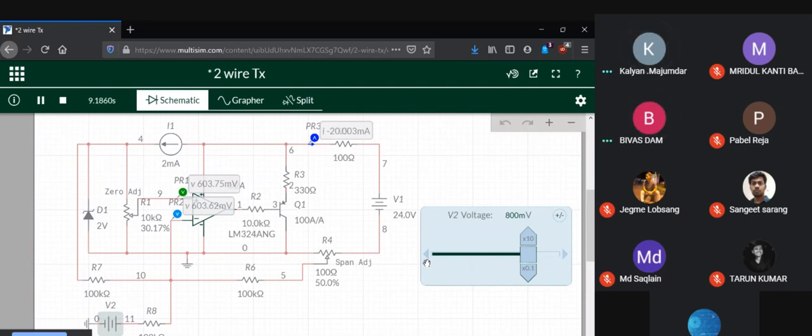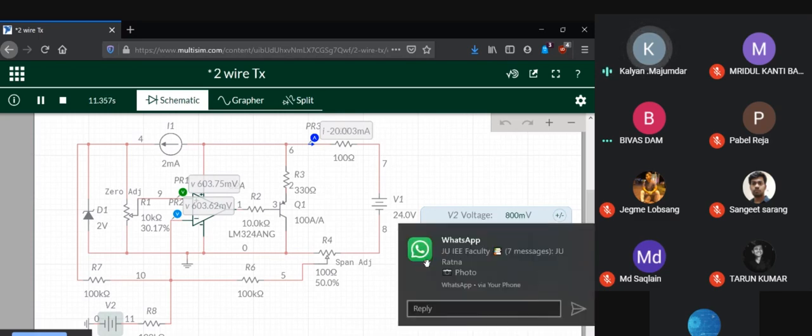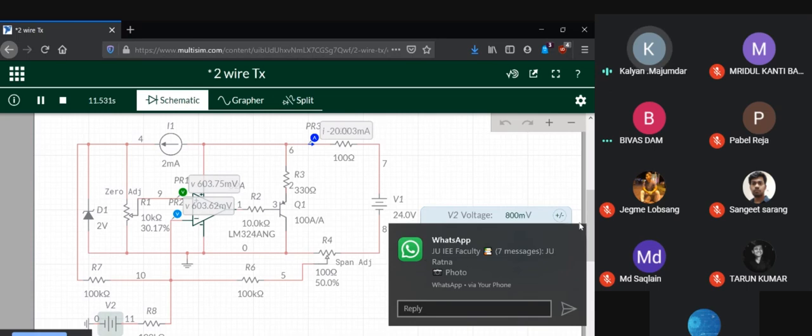So 0 volt results in 4 milliampere output, and 800 millivolts represents 20 milliampere output. That means the zero and span have been adjusted so that 0 volt results in 4 milliamperes, or 0% output, and 800 millivolts results in 20 milliamperes, or 100% output.